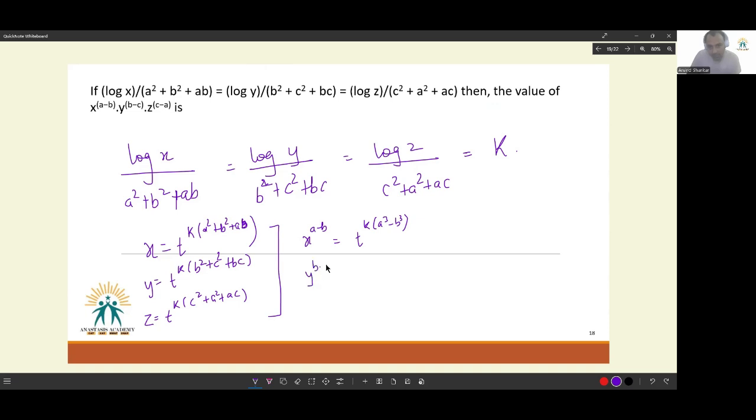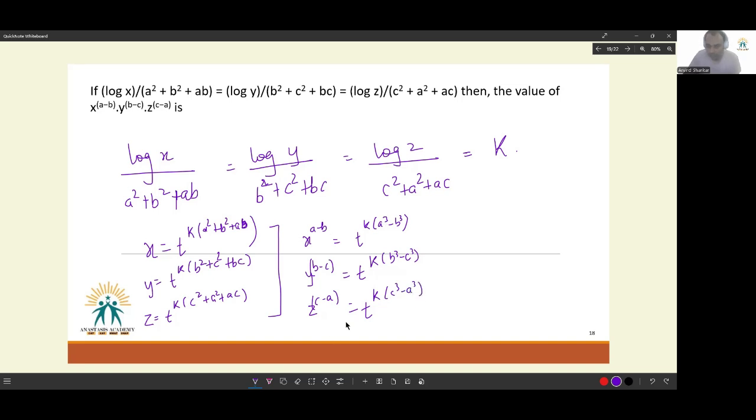Similarly, y raised to the power b minus c will get us to t raised to the power k times of b cube minus c cube, and z raised to the power c minus a gets us to t raised to the power k times of c cube minus a cube.